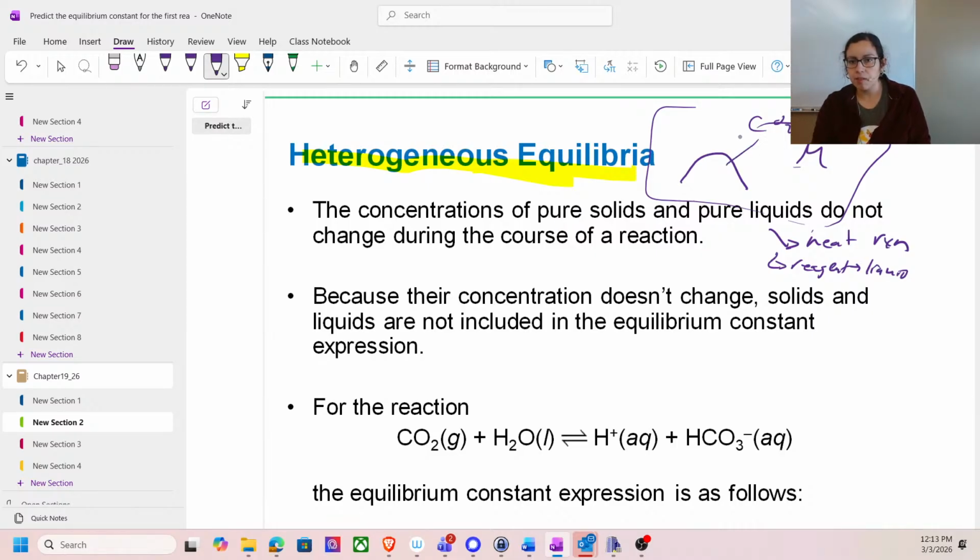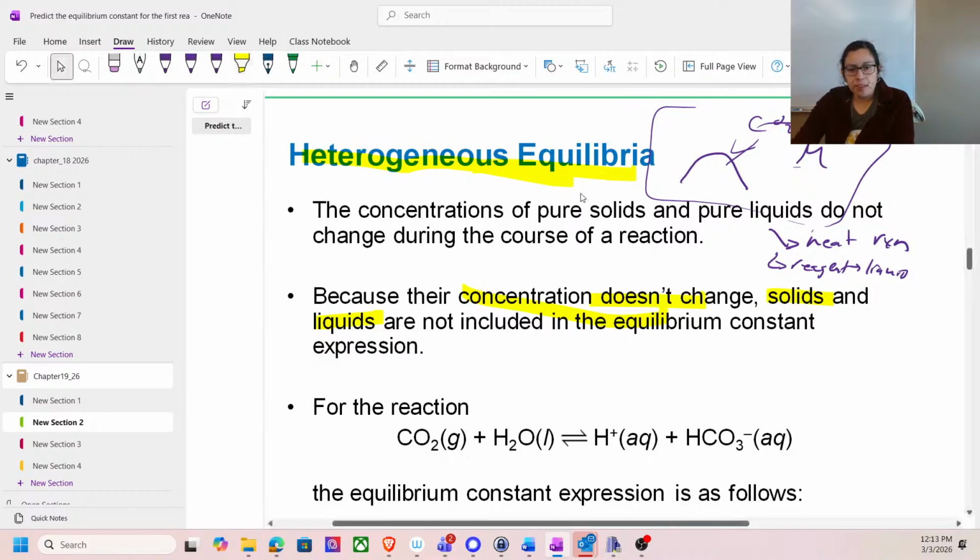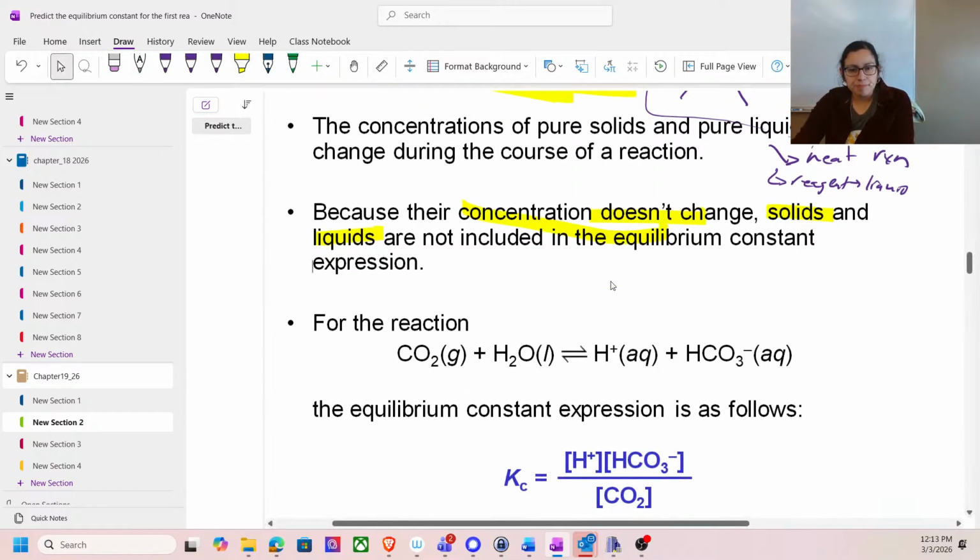It's just dependent on our surface area, and on the concentration of our gas species or our solution. Or if we had a neat liquid reagent and the reaction was done in that, the concentration is not going to change, it's effectively infinitely concentrated. Because those concentrations don't change, our solids and liquids are not included in our equilibrium expression.